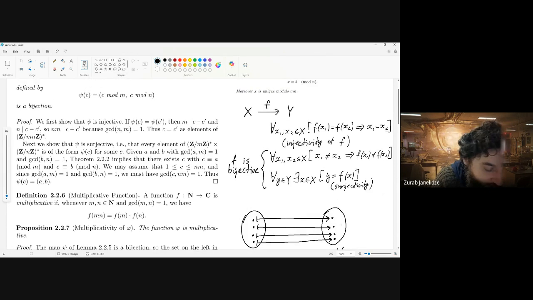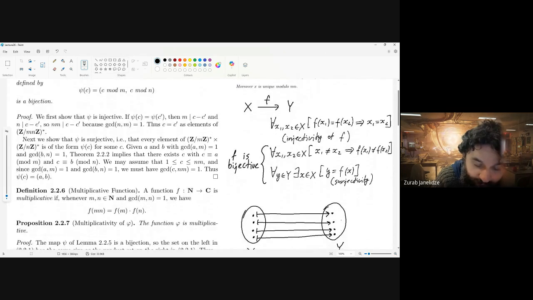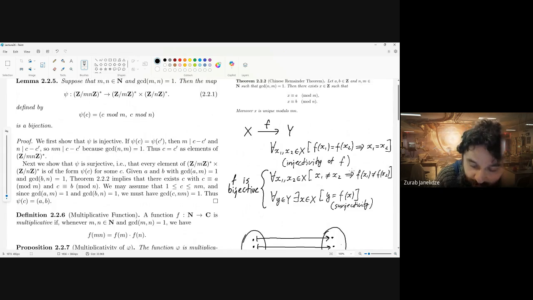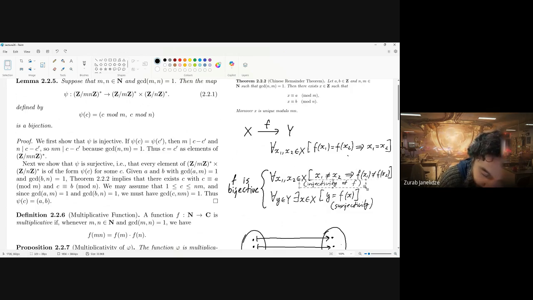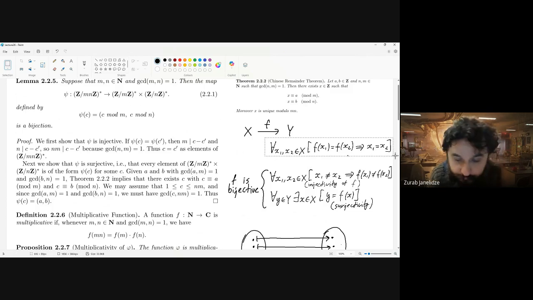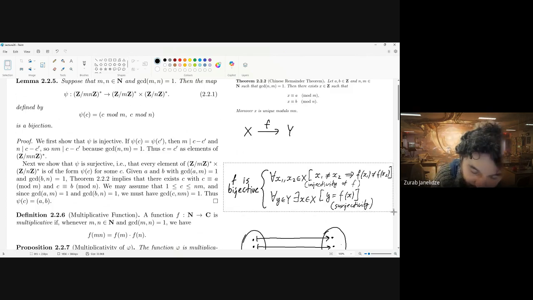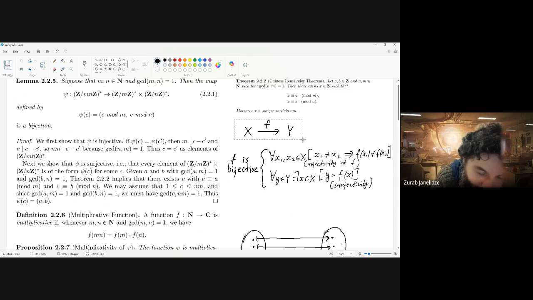And as such, to prove that a certain function is bijective, we will be proving these two properties individually, injectivity and surjectivity. So let me clean up the space here a little bit. Now we're going to get started with a proof.